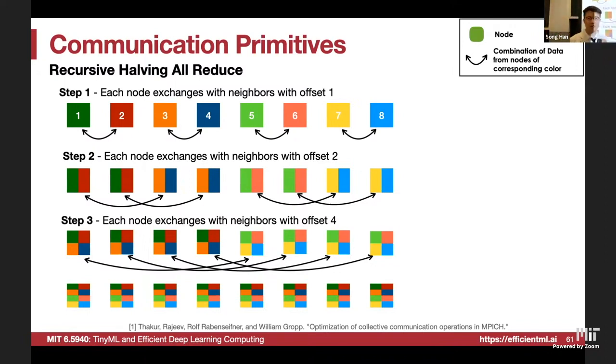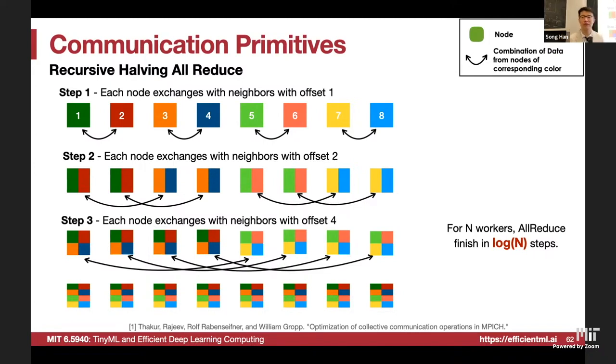Therefore, each node has everybody's information in only log n steps. Here, n is 8, but we need only 3 steps: offset 1, offset 2, offset 4. So for n workers, all reduce can finish in log n steps if we use this recursive halving or reduce.